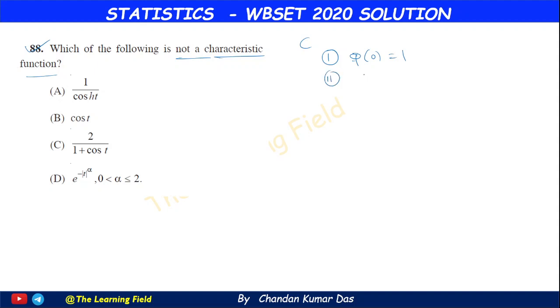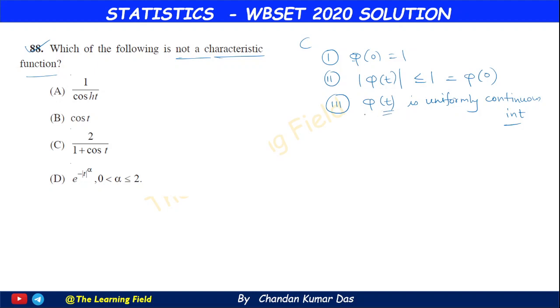Number 2 is mod of phi t is always less than or equal to 1, which is equal to phi 0. And number 3 is phi t is uniformly continuous in this variable t.